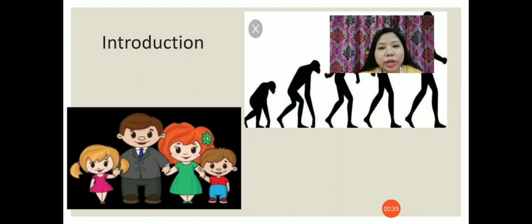In the previous chapter, we had discussed the modes of reproduction in living organisms. There are two modes of reproduction, that is sexual reproduction and asexual reproduction. In asexual reproduction, only one parent is involved. But in sexual reproduction, two parents are involved.